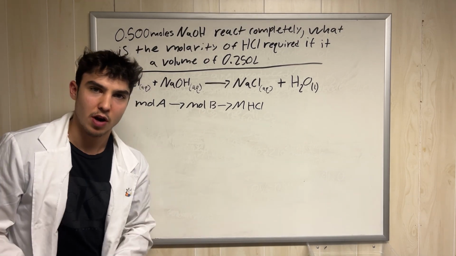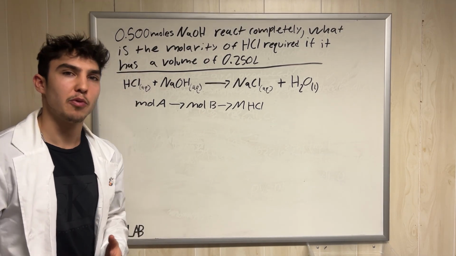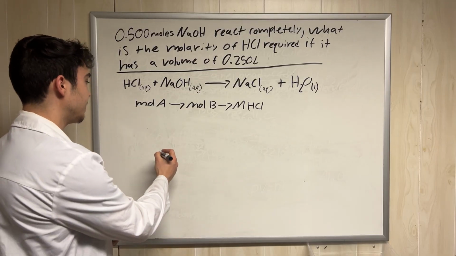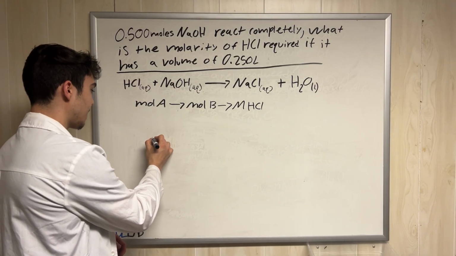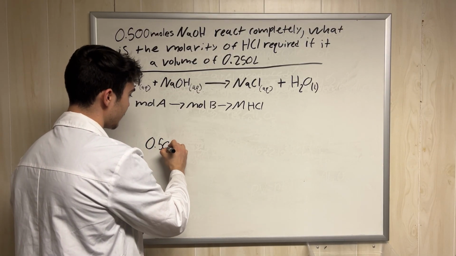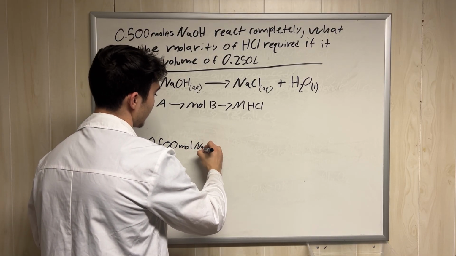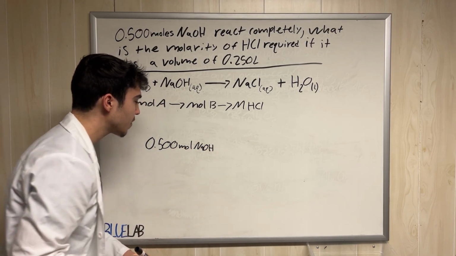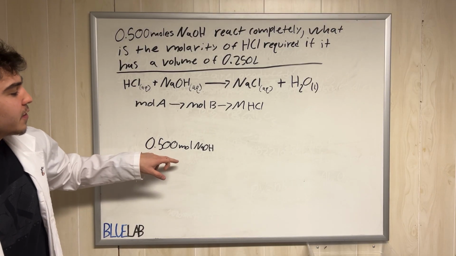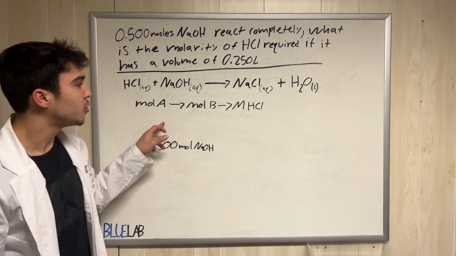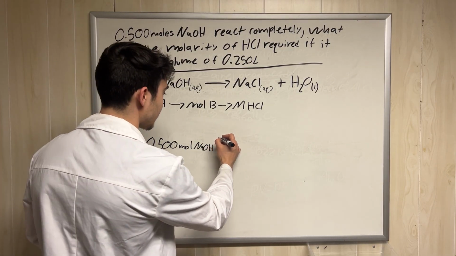Now let's hop right into the problem. We know that we're given 0.500 moles of NaOH. So let's begin by writing that. Now our first step again is to convert from our moles of NaOH to our moles of hydrochloric acid.